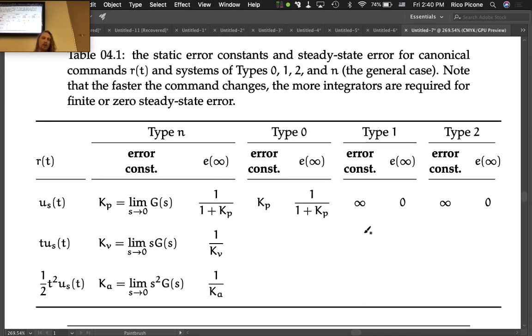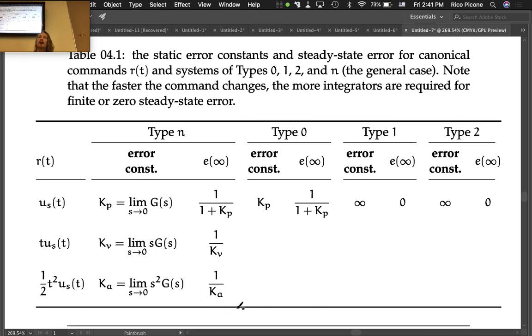There is a row for each of the canonical inputs here: the unit step, the unit ramp, and then this unit parabola, we could call it. For a type n system, we're going to look at the error constant and then the steady state error. This is the general formula.